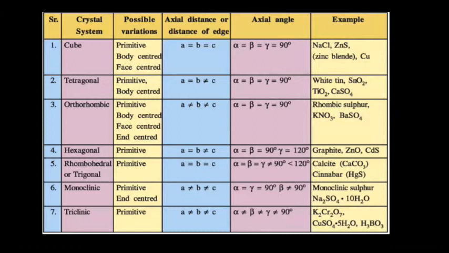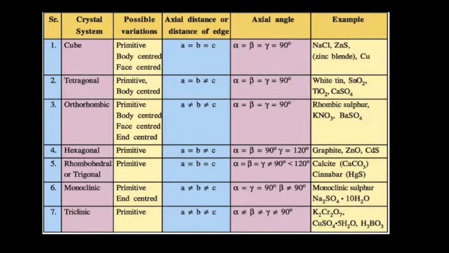The possible variations may be primitive, body-centered, face-centered. Axial distance or distance of edges will be A is equal to B is equal to C. Axial angle alpha is equal to beta is equal to gamma is equal to 90 degrees. Example, NaCl, ZnS, zinc blende and Cu.